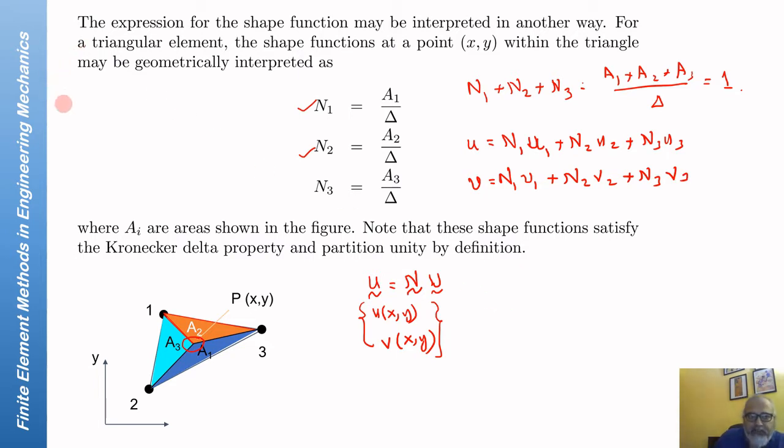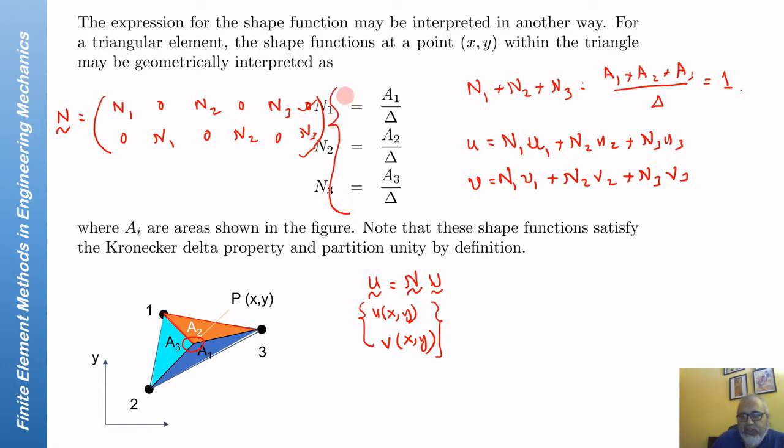The shape function matrix is N1 0, 0 N1, N2 0, 0 N2, and N3 0, 0 N3, whereas the capital U is u1 v1 u2 v2 u3 v3. This is the capital U.